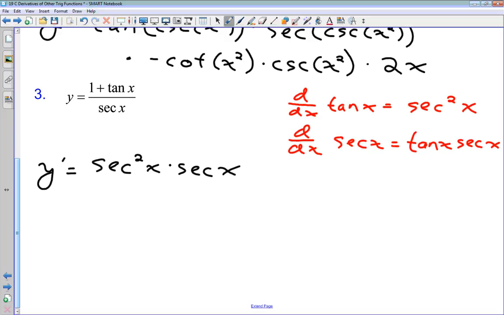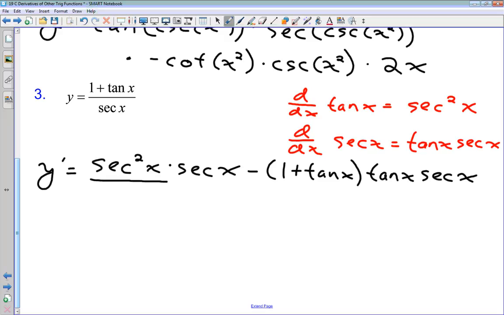We're going to subtract our numerator, 1 plus tan x, and multiply that by the derivative of the denominator, secant. Derivative of secant is tan x secant x. All of this gets divided by secant squared x, our denominator squared.